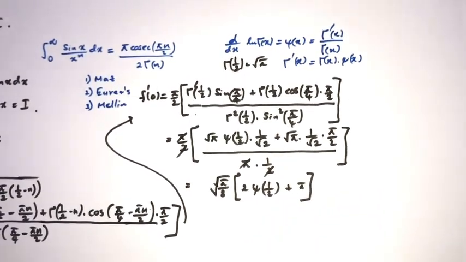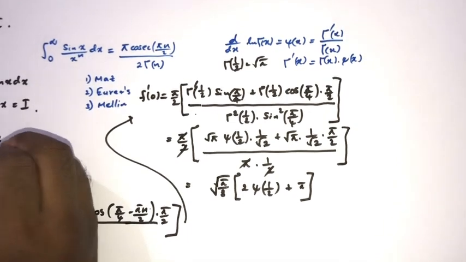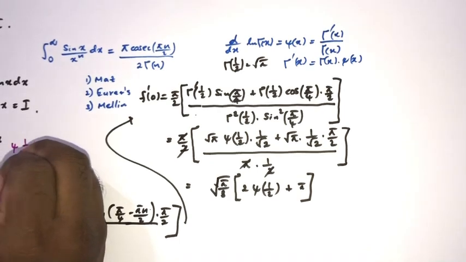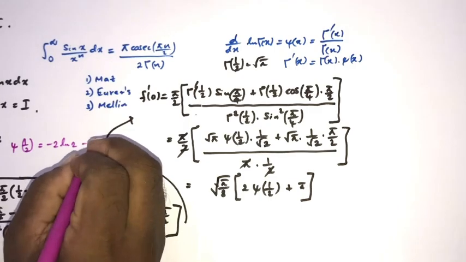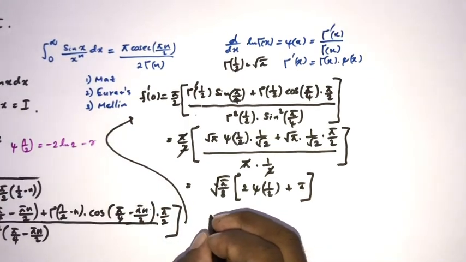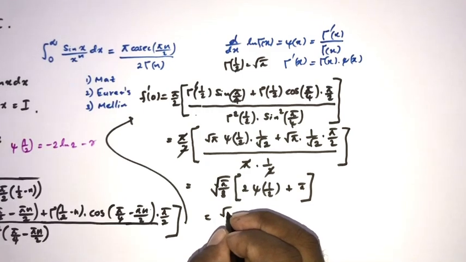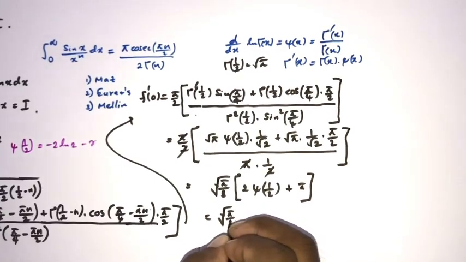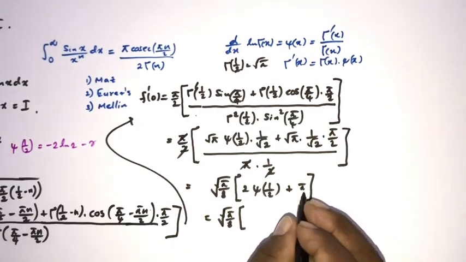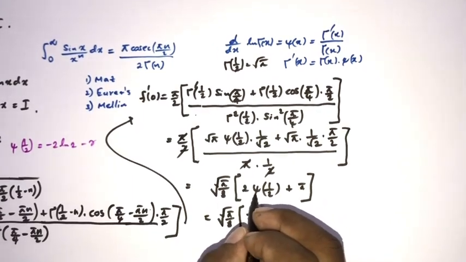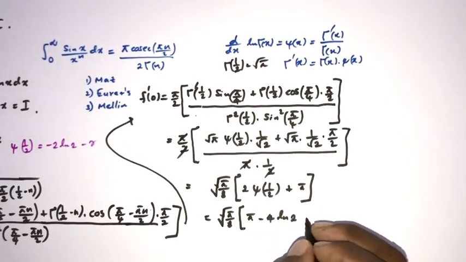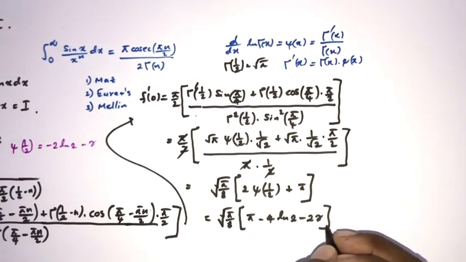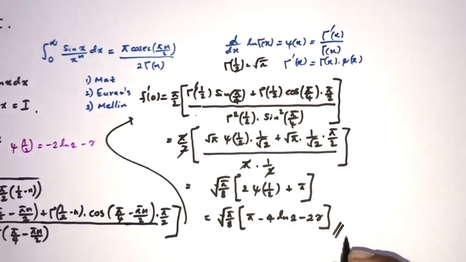Then we know the value of digamma of 1/2 is equal to minus 2 times natural log of 2 minus gamma. So we can write square root of pi over 8 times pi minus 4 times natural log of 2 minus 2 times gamma. This is the required answer.